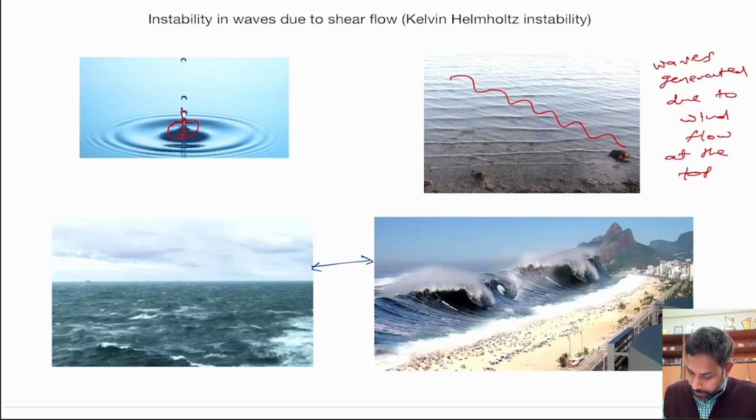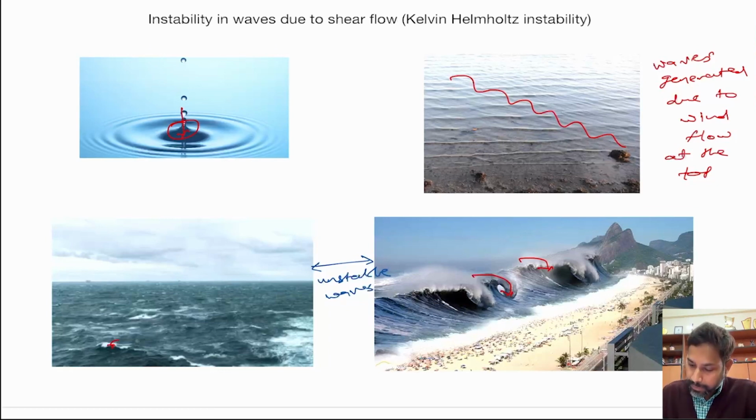Okay, so these are unstable waves, and what you see exactly here is that the wave is actually breaking, it is overturning, right? As you can see, this is not moving smoothly. So the waves that you see in the bottom two images are unstable, and in these cases particularly maybe the amplitude is much greater than the stable amplitude or critical amplitude, or the wavelength is very small compared to the stable wavelength, right?